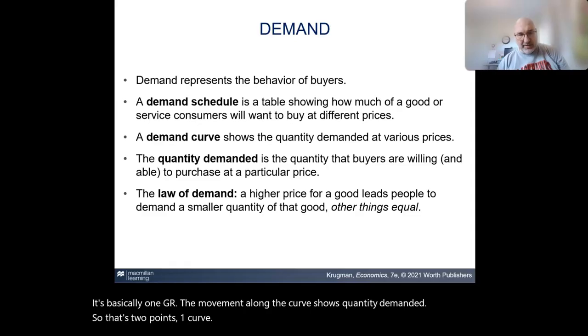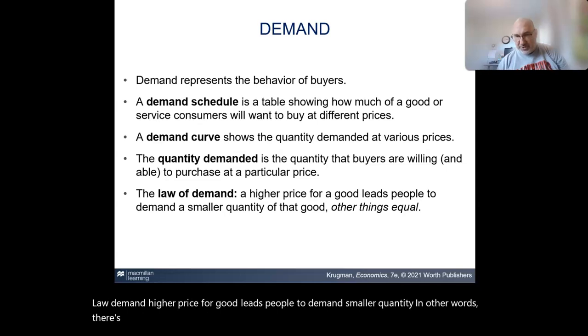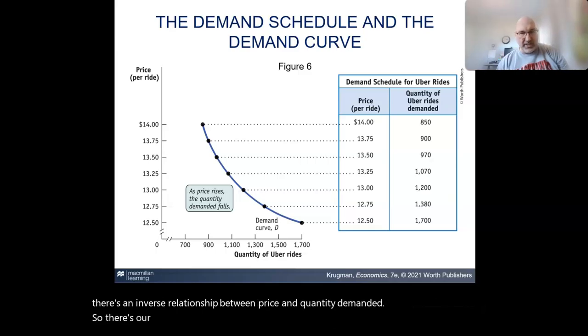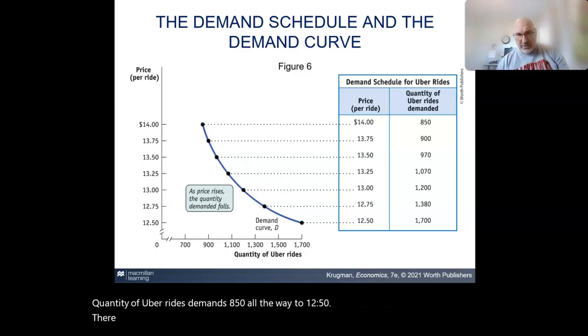Law of demand: a higher price for a good leads people to demand a smaller quantity. In other words, there's an inverse relationship between price and quantity demanded. So there's our downward sloping demand curve. Once again, still on Uber rides. At $14, the quantity of Uber rides demanded is 850, all the way to 1,250. There are 1,700 Uber rides demanded.